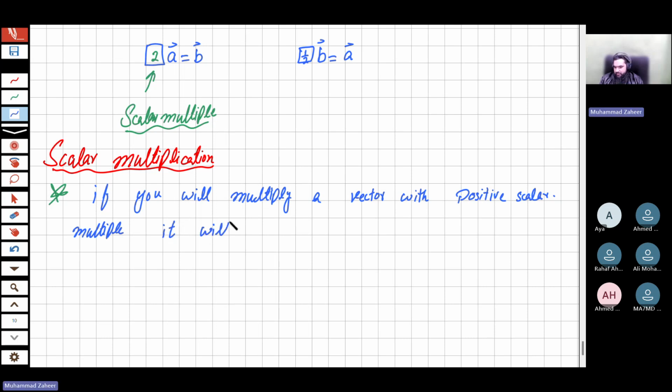It will change the magnitude of the vector only.